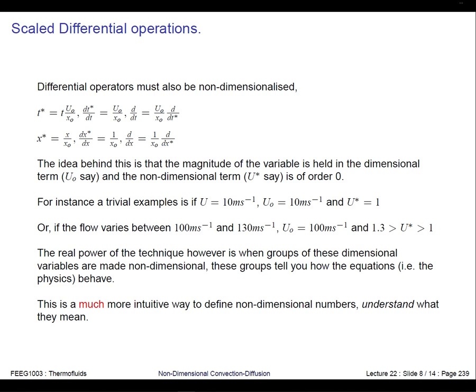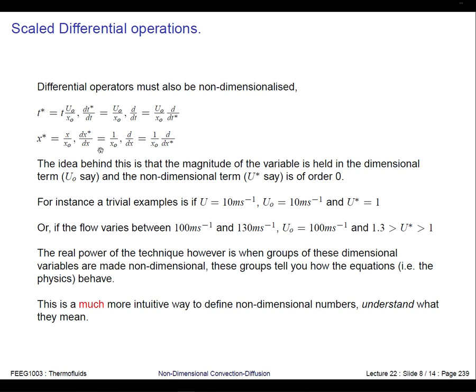Okay, and so we can non-dimensionalize the spatial operator by saying, well, my definition for x star, my non-dimensional length, is x divided by x0, and I can differentiate this in the same way that I might have y equals x, and therefore dy by dx is 1.